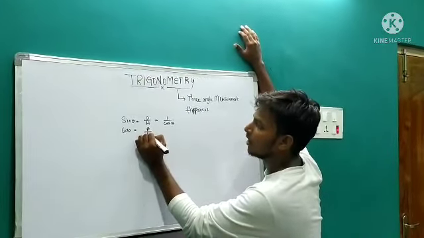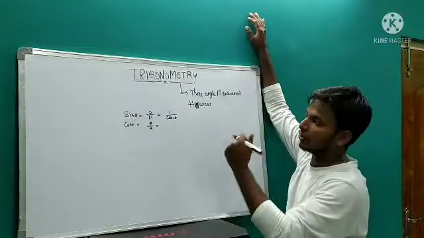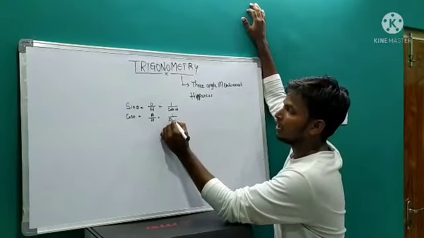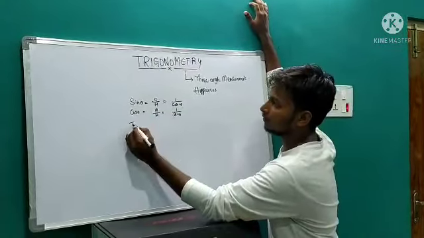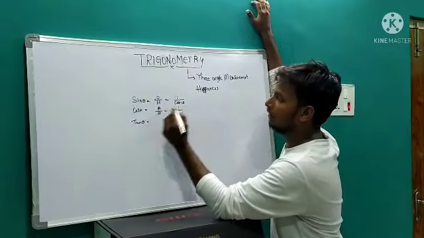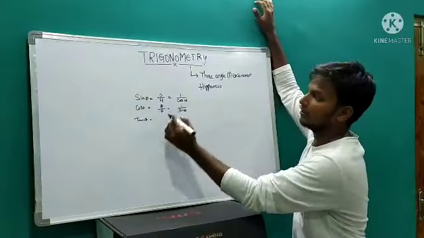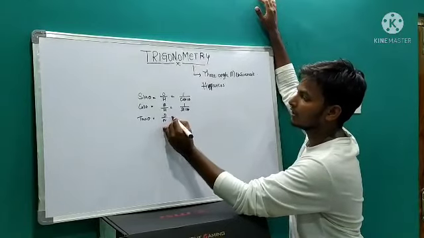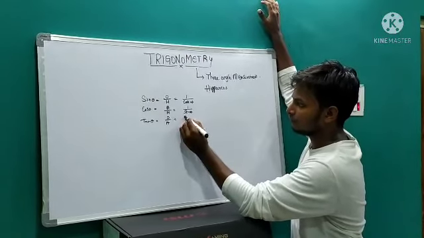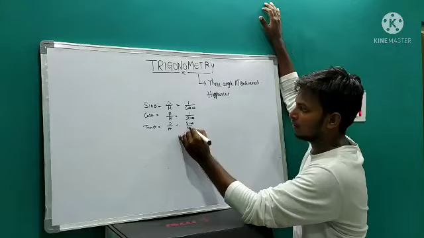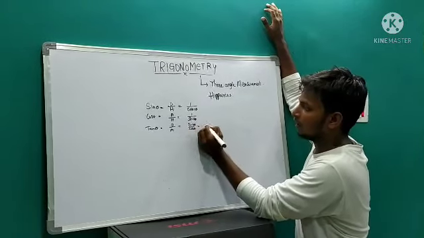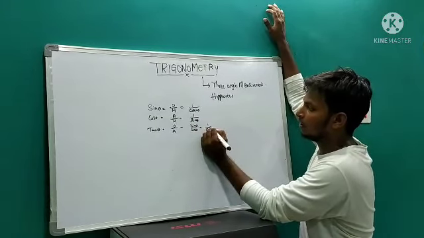Adjacent by hypotenuse. Another formula of cos theta is 1 by secant theta. In a similar way, tan theta is opposite by adjacent, or otherwise sin theta by cos theta, or otherwise 1 by cot theta.